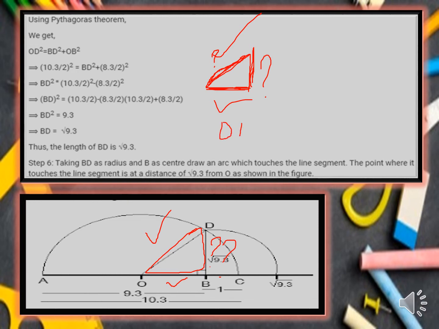According to Pythagoras theorem, OD square is equal to OB square plus BC square.